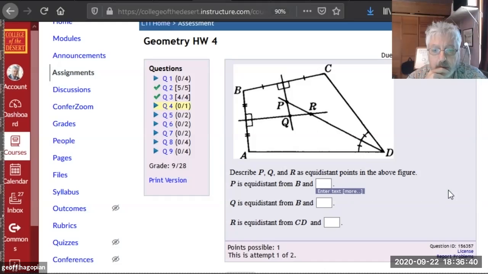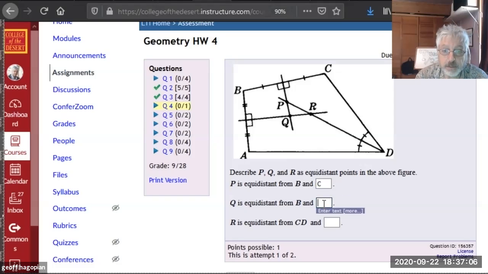P is equidistant from B and C, right? Because it's on the perpendicular bisector of BC.